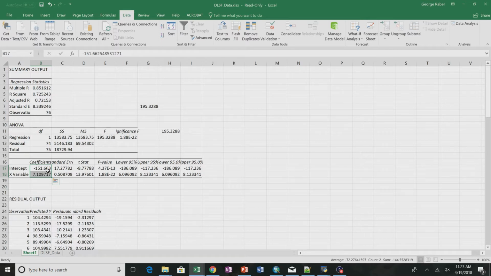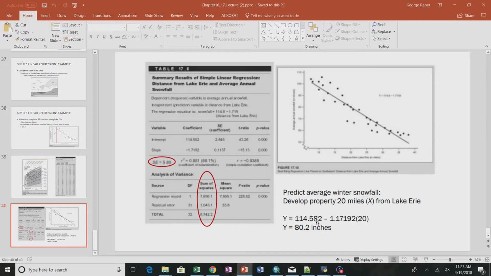If I want to predict a new value, I plug in the distance, and I get as a response the Y value, in other words, how much snowfall will occur there in a year. So my prediction is 80.2 inches.